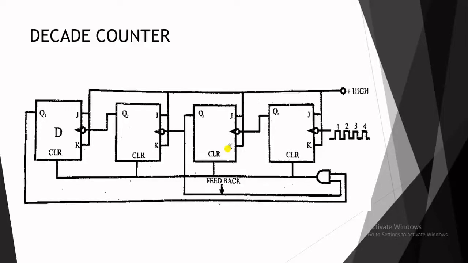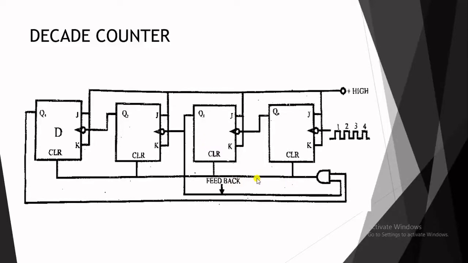The next clock pulse counts 10, meaning 1010. Then what happens? Then the outputs of flip-flops B and D will be high. As we know, for high inputs the AND gate output will be high.